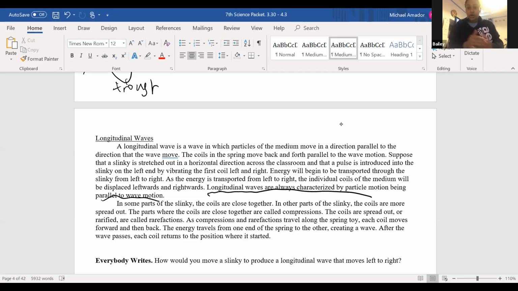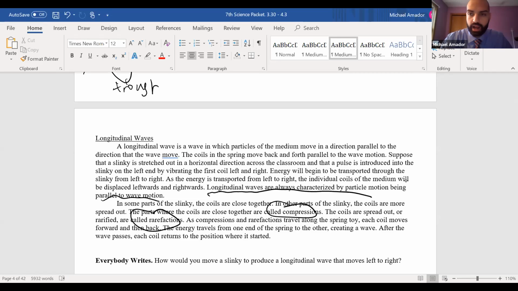In some parts of the slinky, the coils are close together. In other parts of the slinky, the coils are more spread out. The parts where coils are close together are called compressions. The coils spread out, or rarefied, are called rarefactions.